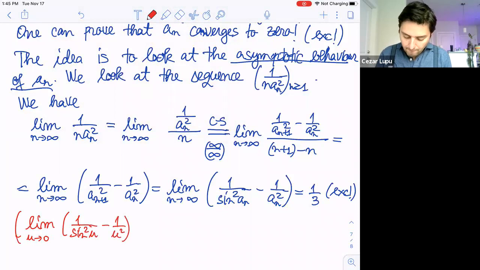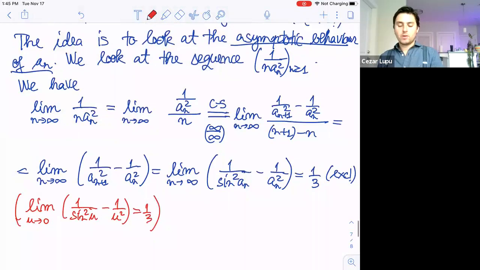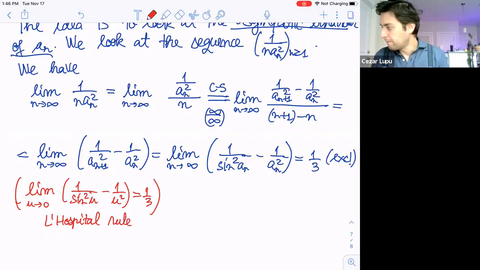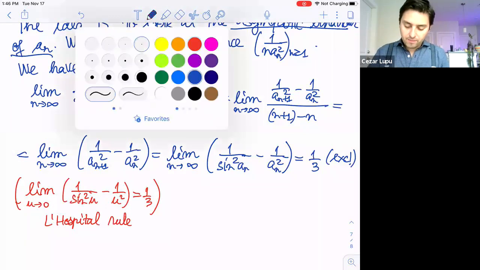So this guy here is 1/3. So try to use L'Hopital's rule. Right? So this is 1/3.